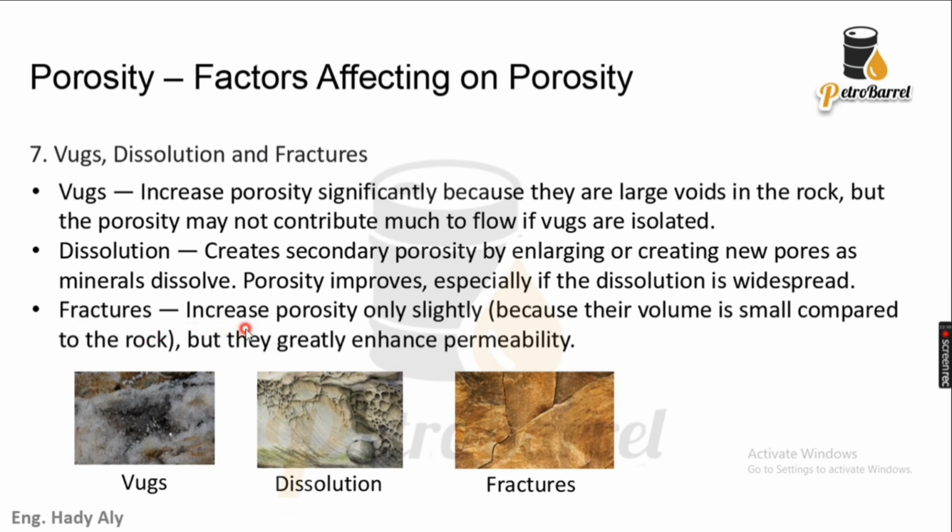So the fractures act as a secondary porosity, increasing the porosity slightly because their volume is small compared to the original pore spaces volume in the rock, but the fractures have a high impact on the enhancement of the permeability.